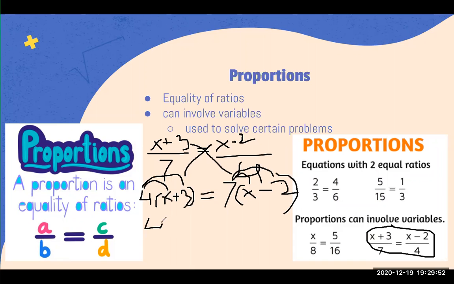So this becomes 4x plus 12 equals 7x minus 14. Okay, so this is a very important concept.